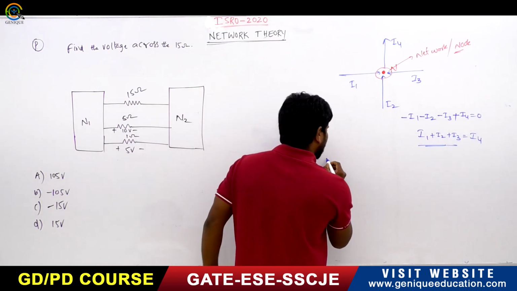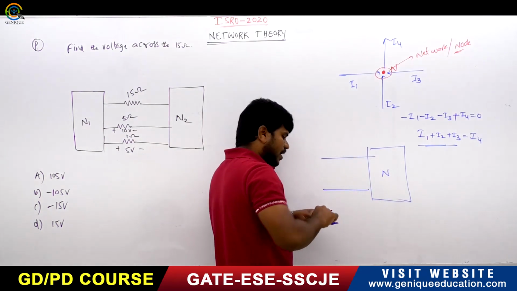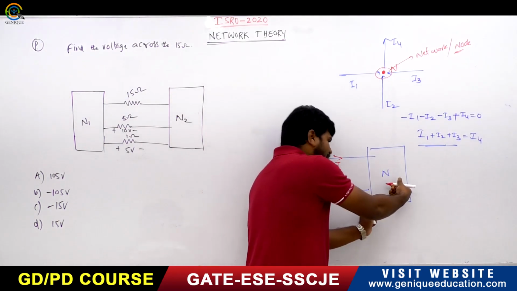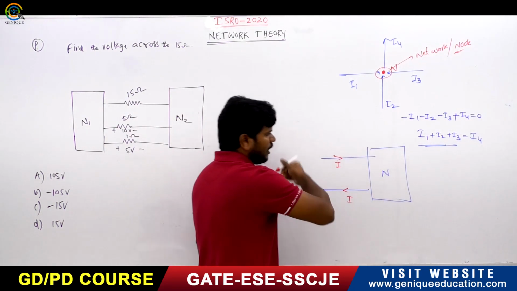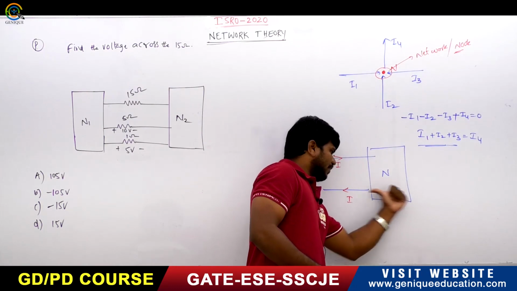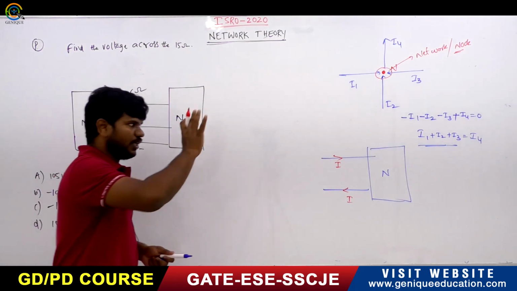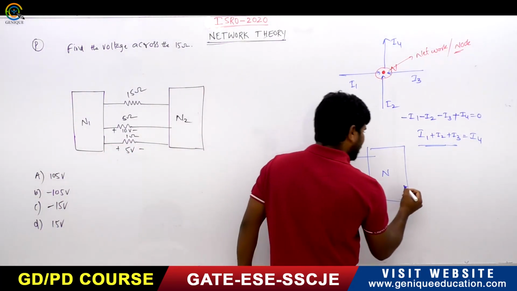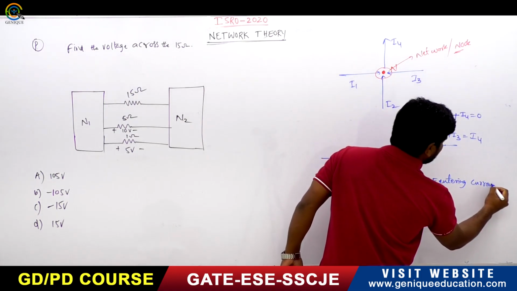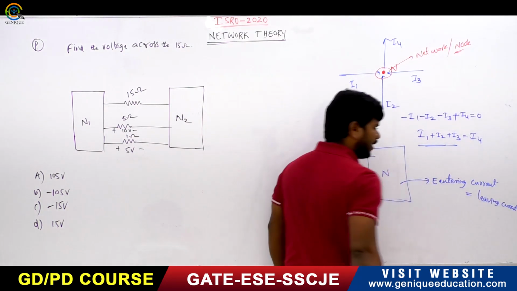Suppose there is a network like this, and the entering current is I. It enters the network, and the same amount of current will leave the network. This is the principle according to KCL: entering current is equal to leaving current.